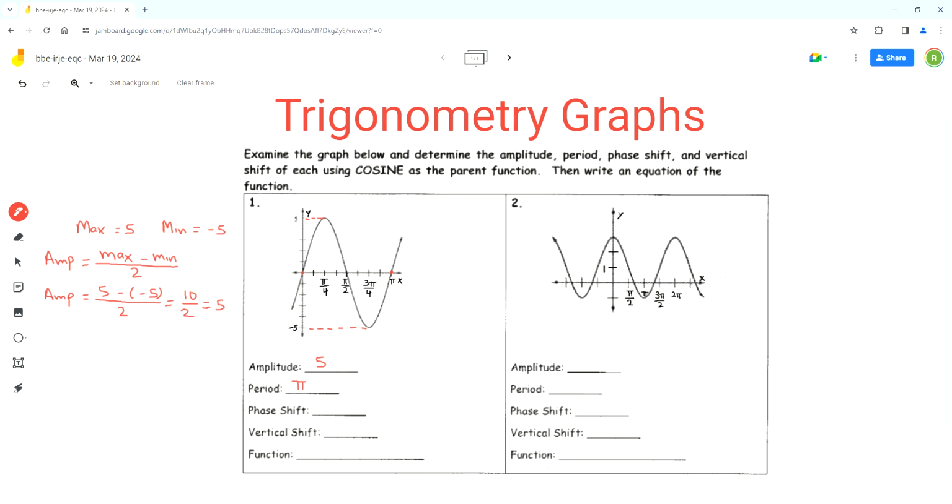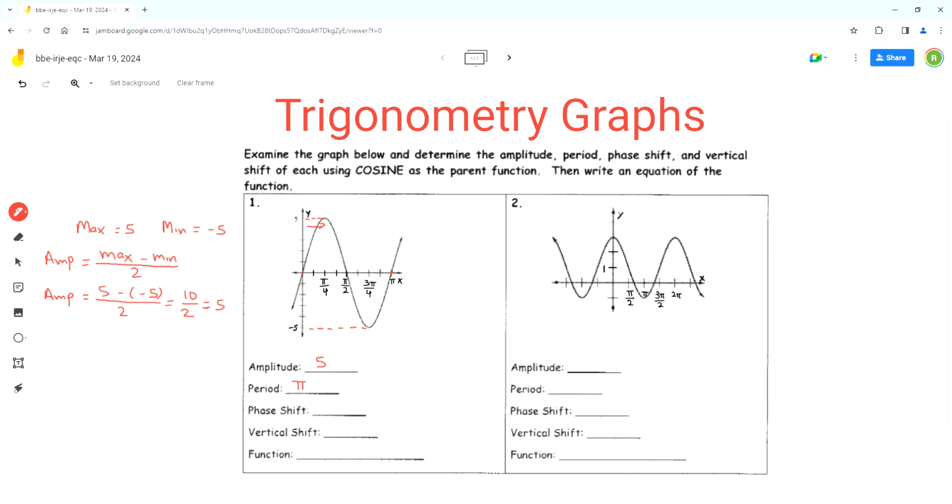Now the next is phase shift. Since we are using cosine function as a parent function, we know that in a cosine function graph, the maximum is on the y-axis. But in this case, the maximum point has been shifted pi over 4 units to the right side.